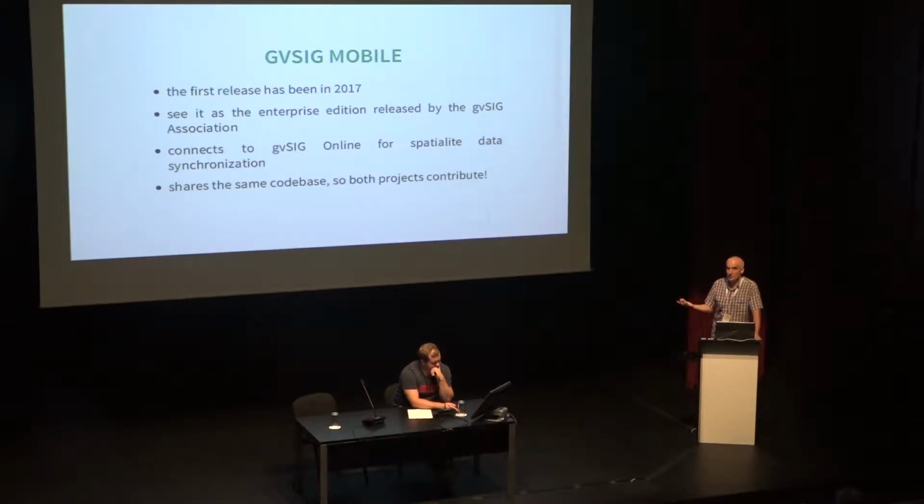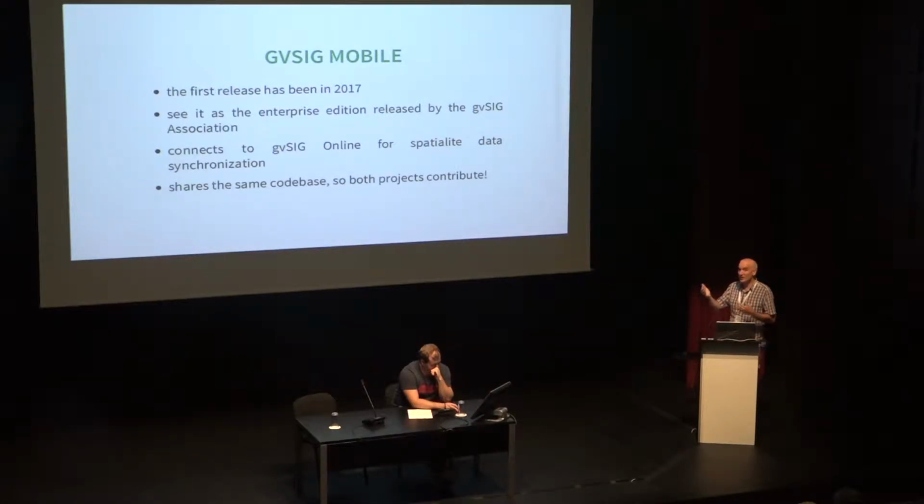GVSig Mobile was first released in 2017, and right now it is exactly what you've seen before. It's a differently branded version, something that the GVSig Association needed to complete their stock, because it wasn't nice to have GVSig Desktop, GVSig Online, and GeoPaparazzi. It sounded a bit strange, so they needed to give it a more compliant name. So it was GVSig Mobile.